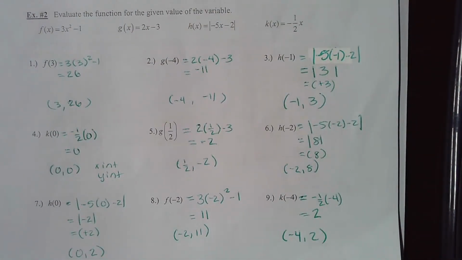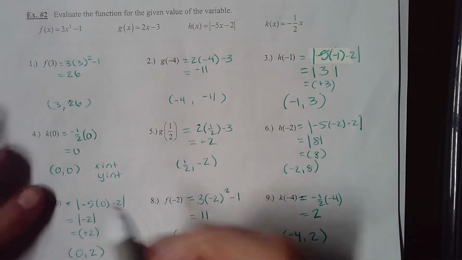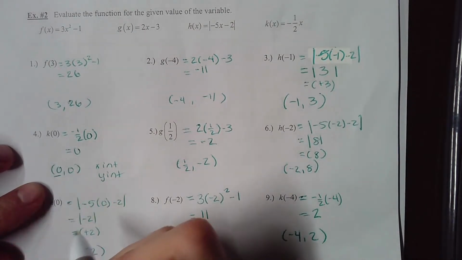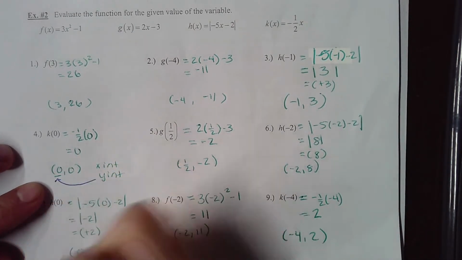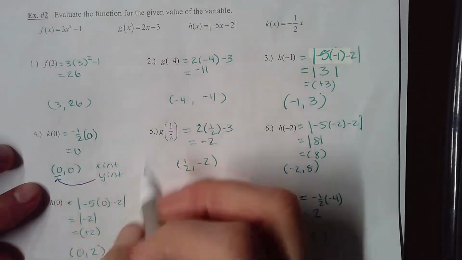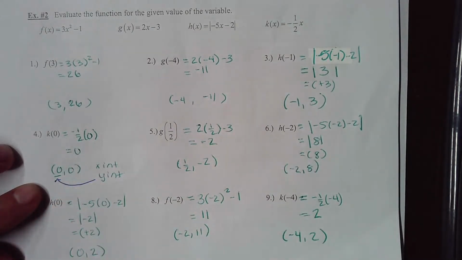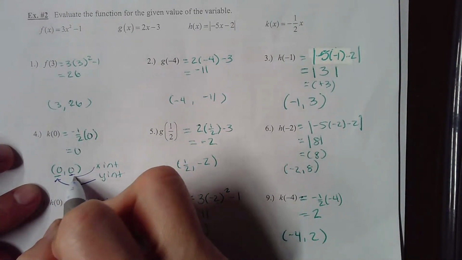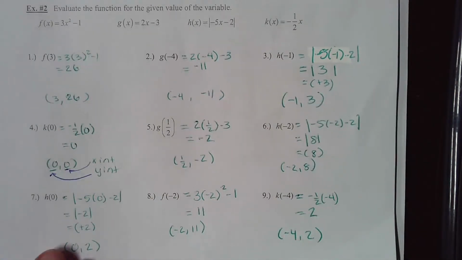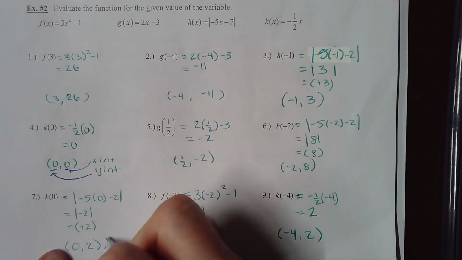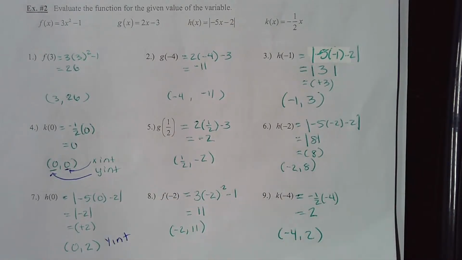How'd you do? Did you rock it? Did you find mistakes? Did you notice that we have some hidden vocab? If my input is 0, I have a y-intercept. If my output is 0, I have an x-intercept. So what would this one be? Well, my input is 0. This is a y-intercept.